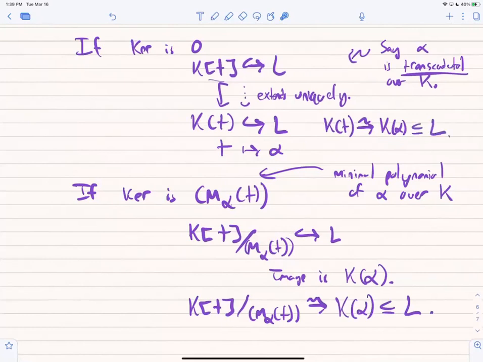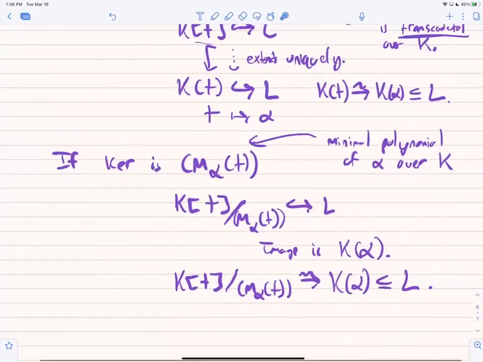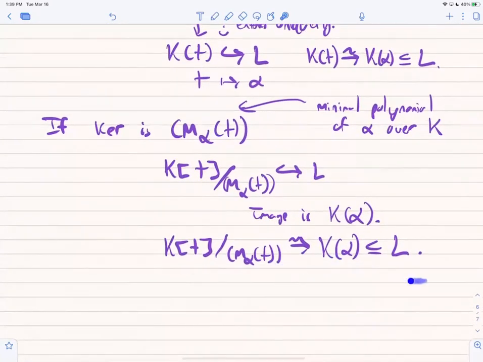And when alpha is transcendental, this notational ambiguity isn't so important. But here, K(alpha) is not the rational functions in the variable alpha. Here, K(alpha) is the smallest subfield generated by alpha.